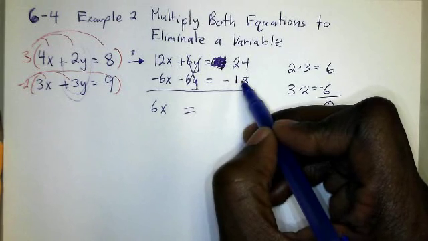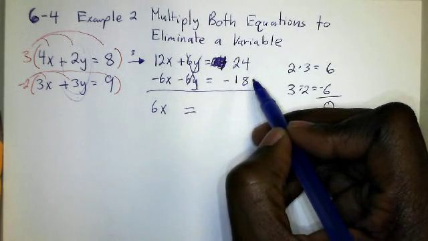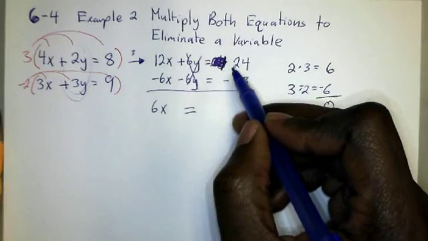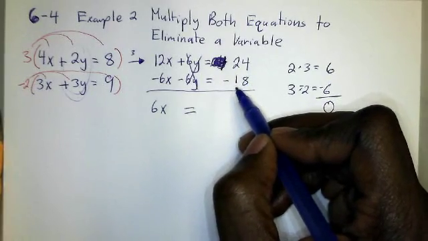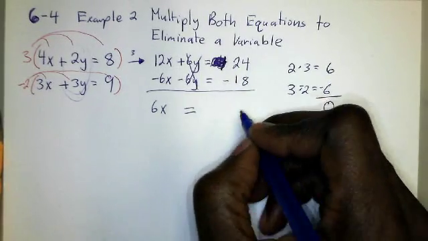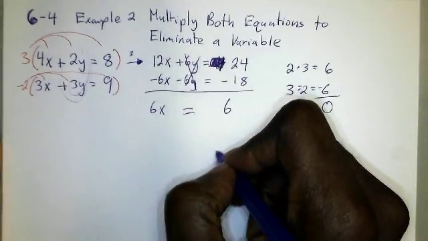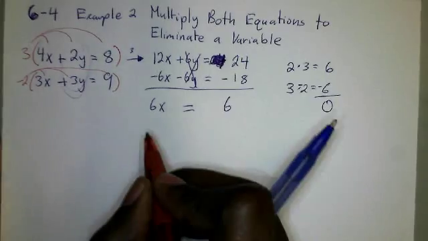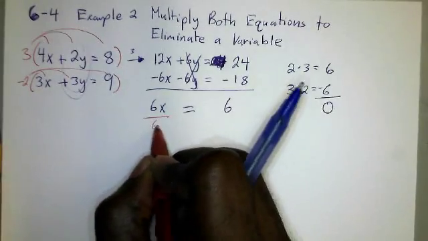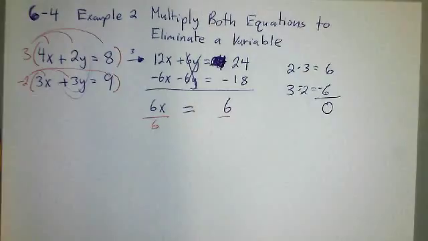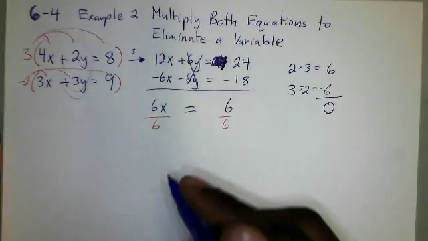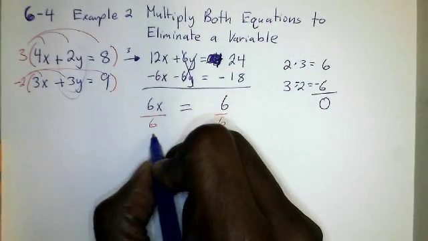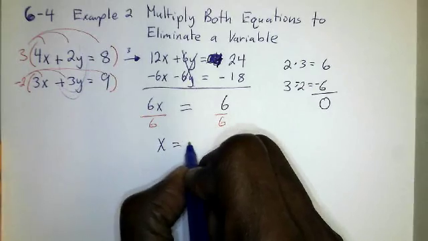In this case, 24 minus 18 is going to give us 6. So now what we're going to do is make sure we divide both sides by 6 to be able to solve for x. This is going to cancel out these 6, and we have x is equal to 1.